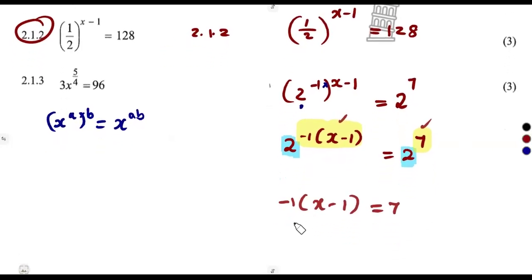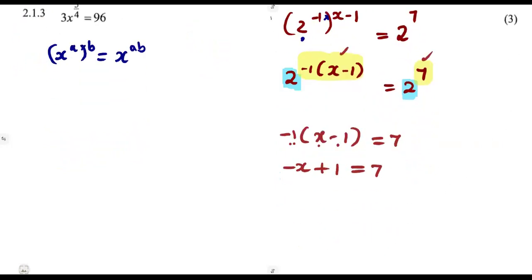Expand your brackets by -1, or you can even divide by -1 like this if you want. Guys, it's mathematics, it's possible. Or you can expand the way that you are used to, guys. -1 times x, -1 times -1, that's what? +1 is equal to 7. So you take the 1 to the other side, or you subtract 1 both sides.